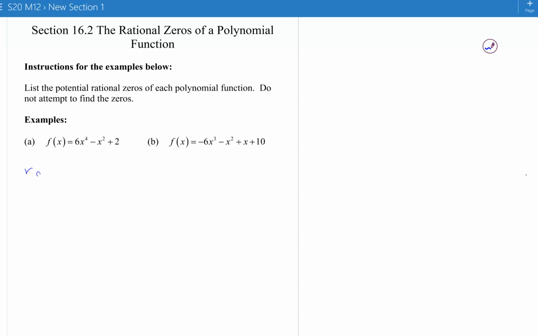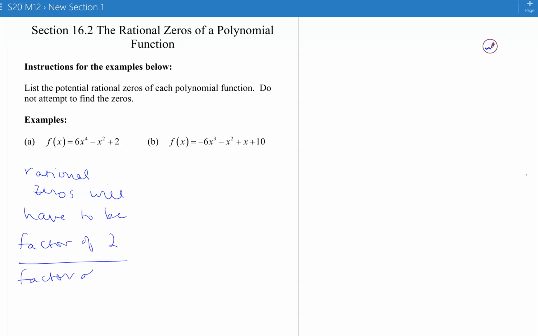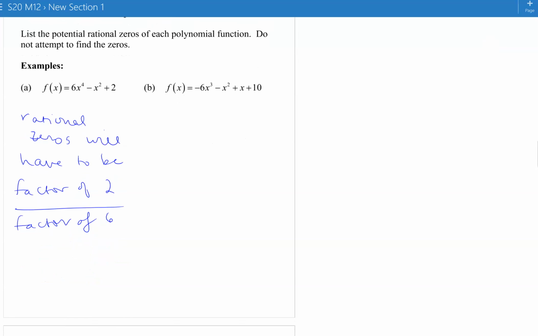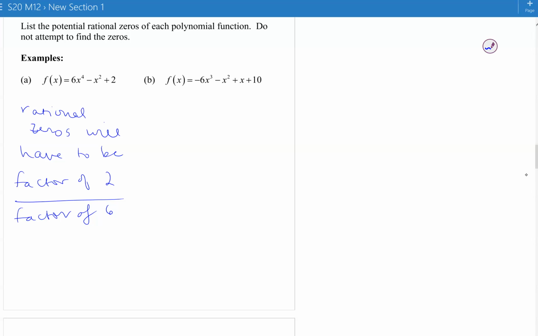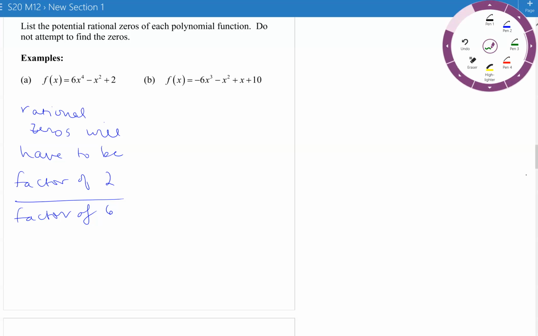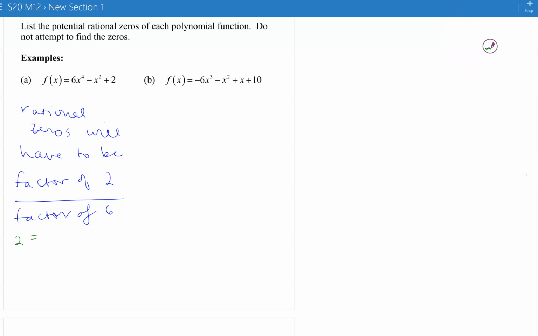So we know if there is a rational zero, it will have to be a factor of 2 over a factor of 6. So let's make a complete list of those. And you have to think about that 2 can be written as either 1 times 2 or negative 1 times negative 2.